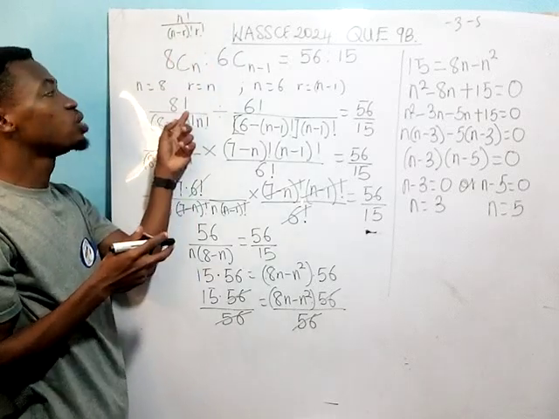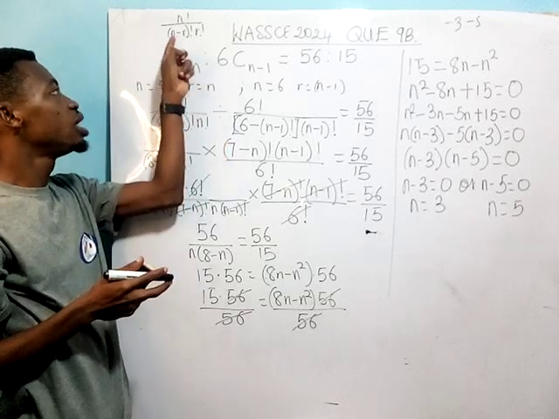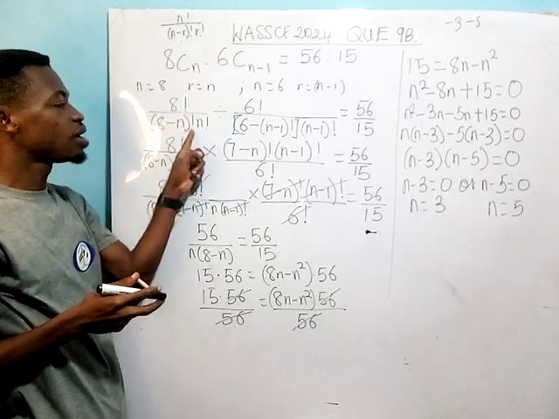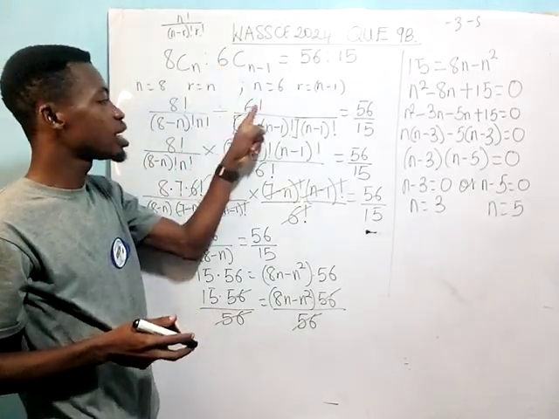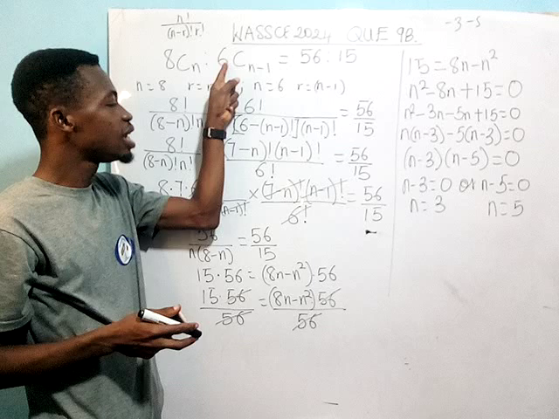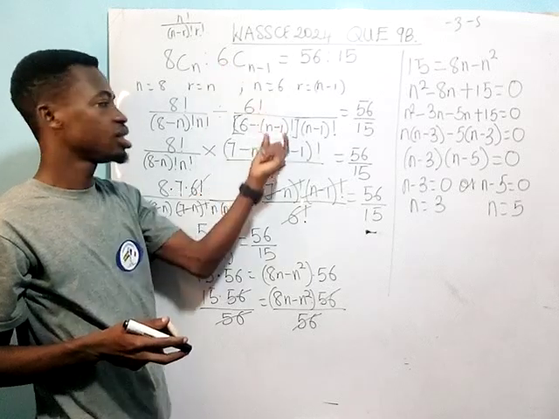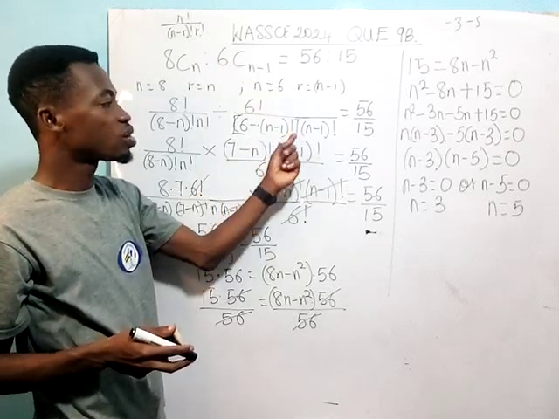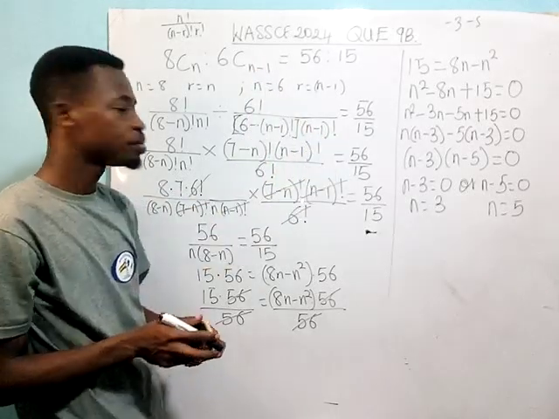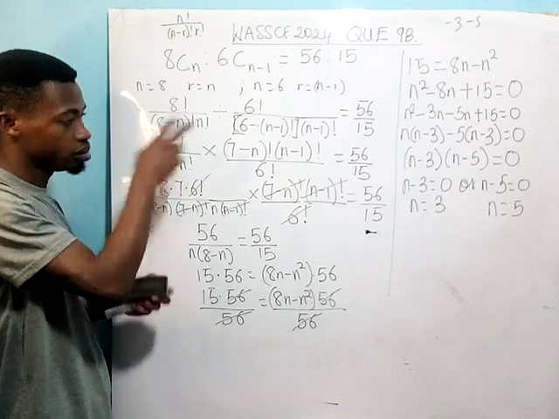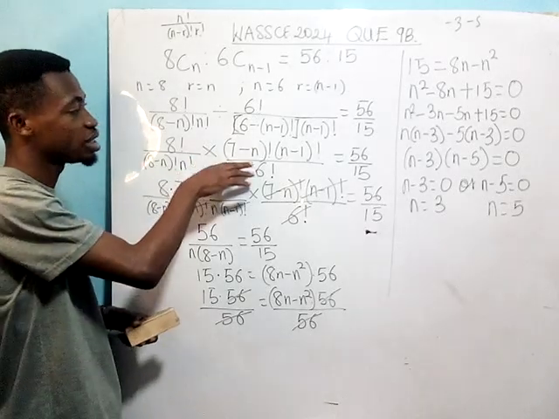So 8 factorial over 8 minus n factorial. Now to this side too, we have 6 factorial over the 6 minus this. So we put it in a bracket, factorial. Then the r factorial, so n minus 1 factorial. Then we did it, under fractions, we have this now.